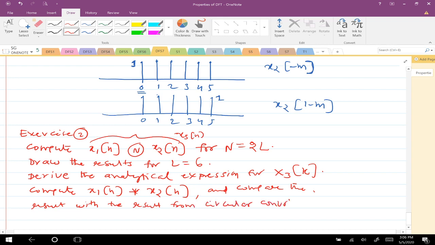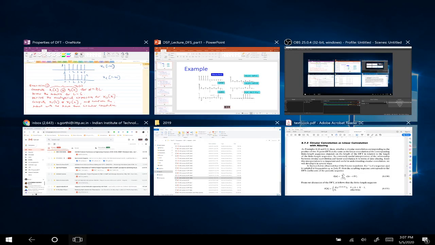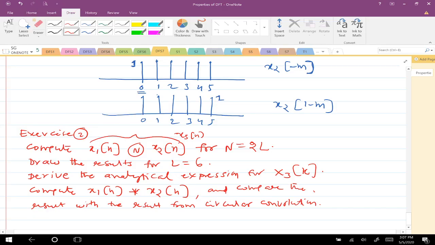You would notice once you solve it that this linear convolution would be the same as circular convolution. Don't consider this as an accident. It is in fact true under certain conditions. So I also want you to contemplate on when the circular convolution and linear convolution are becoming equal, and why they are getting equal.